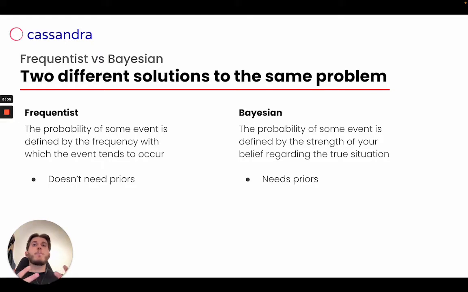What this means is that if you have to flip a coin, for instance, and you want to know whether it's going to be head or tail, the Bayesian approach will basically say that you have a 50% chance that you get either tail or head, because that's basically the probability. You have no idea what's going to happen, and you know that there's an equal chance that either of the two things will be the outcome of the flip.